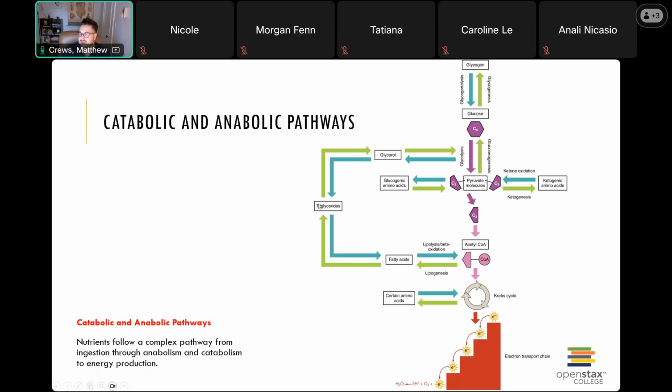Know that as a triglyceride, you can end up all the way over here as something in the Krebs cycle. And from there, you can go through the electron transport chain. So, can glucogenic amino acids end up as energy in ATP? Yes, absolutely, they can because of this slide right here. All of these are connected.